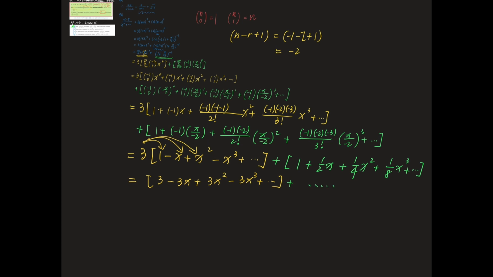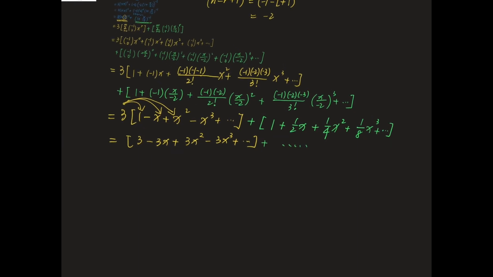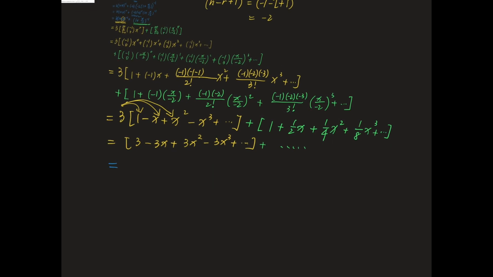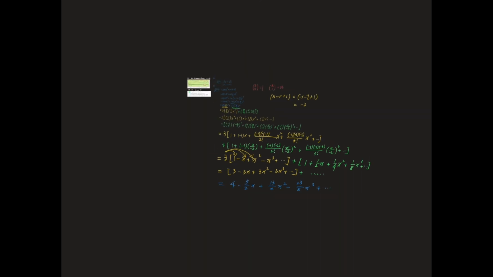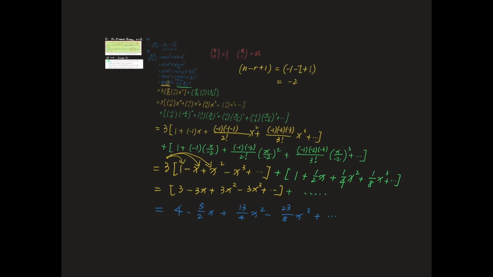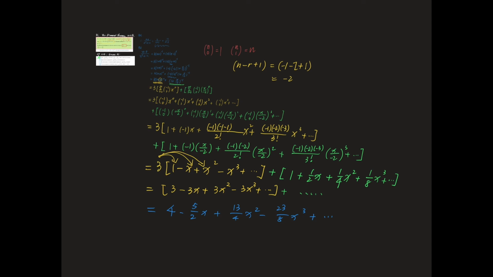And if you just add them up and group the like terms together, it will become 4 minus 5 on 2 x plus 13 on 4 x squared and minus 23 on 8 x cubed. So that should be your final answer for question 9b. Okay, if there's no calculation error, that'd be great. Good luck.